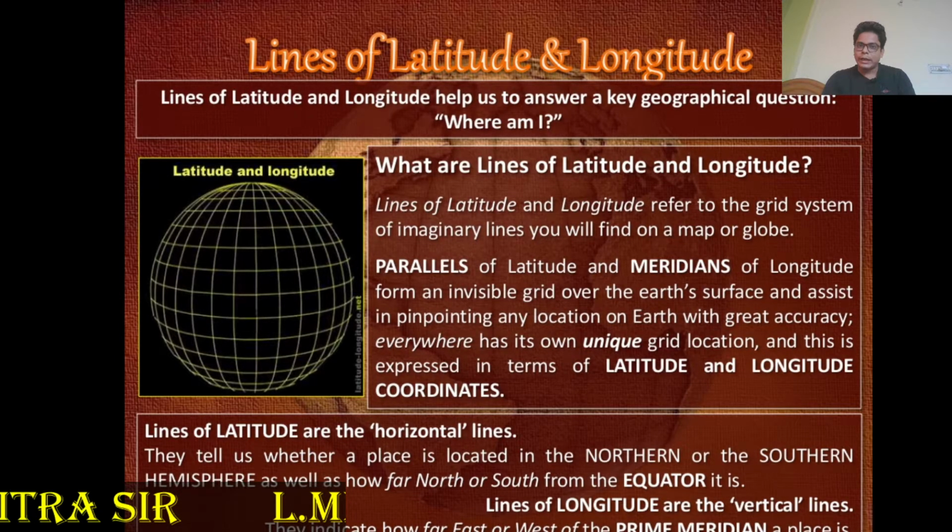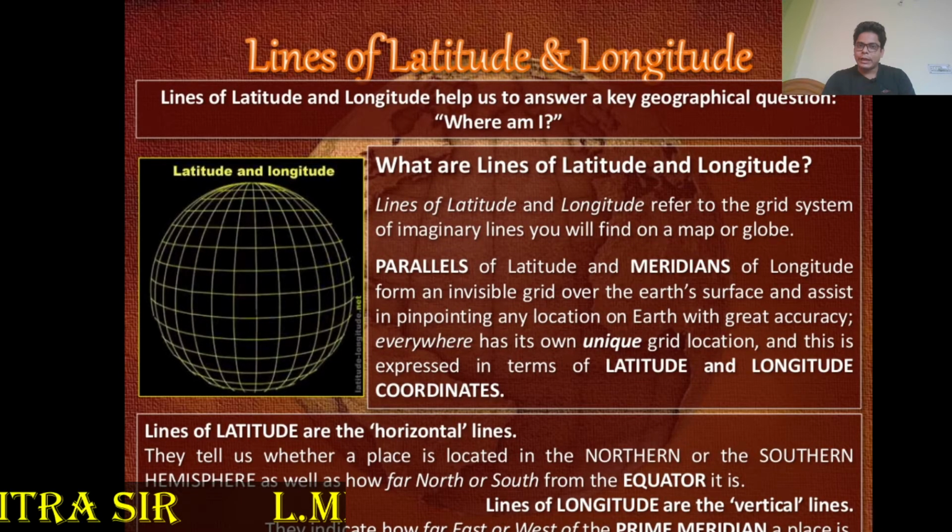Above it, the latitudes go 1 degree, 2 degrees, 3 degrees, up to 90, and in the southern hemisphere also 90. The equator divides the earth's surface into two: the northern hemisphere and the southern hemisphere. There are 90 latitudes above the equator and 90 latitudes below the equator.